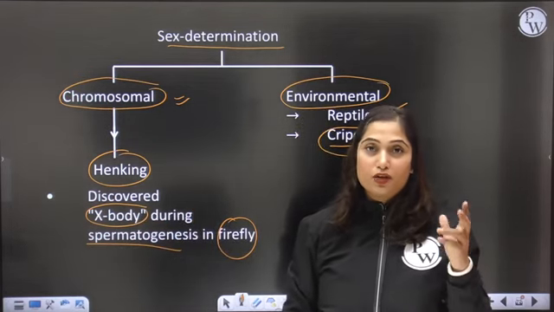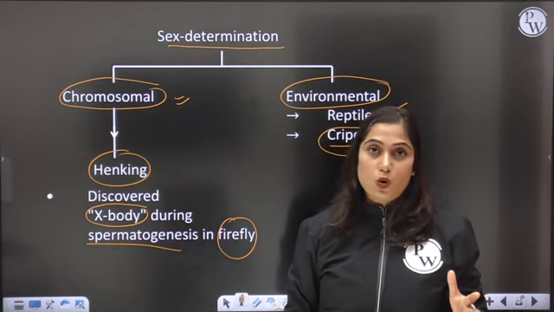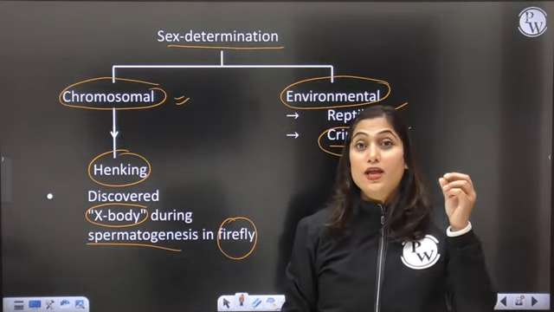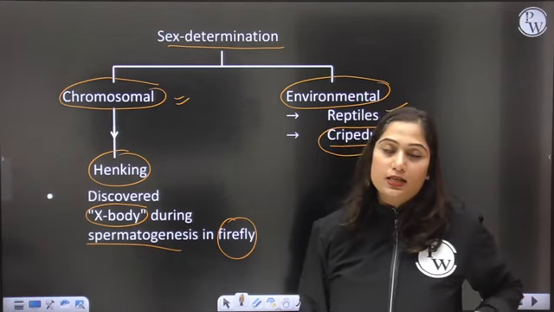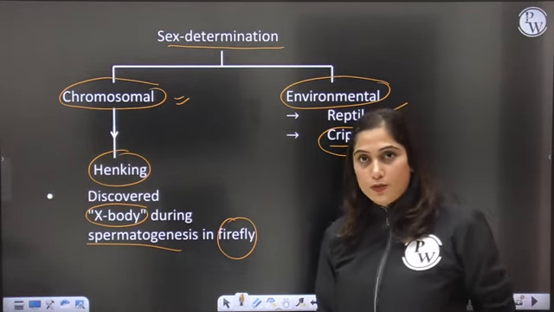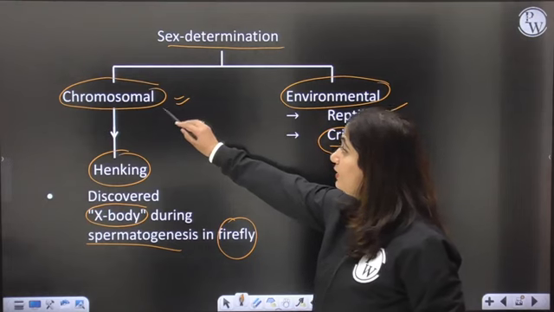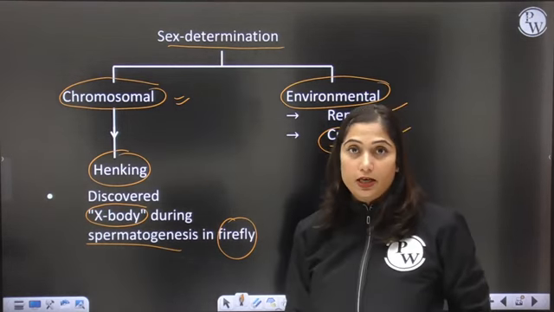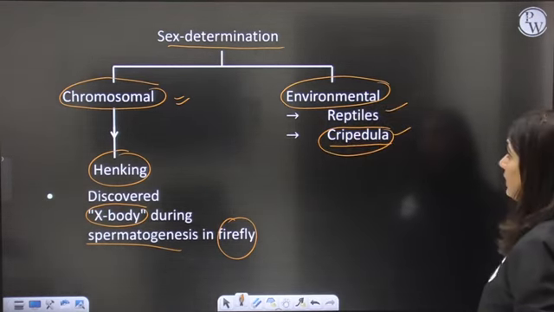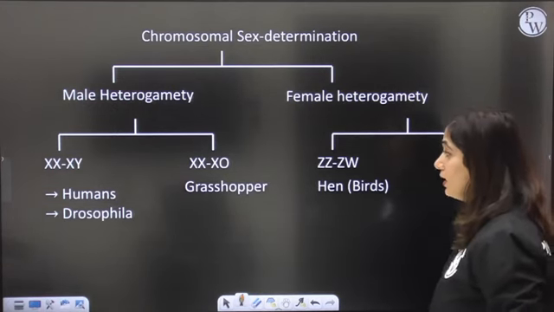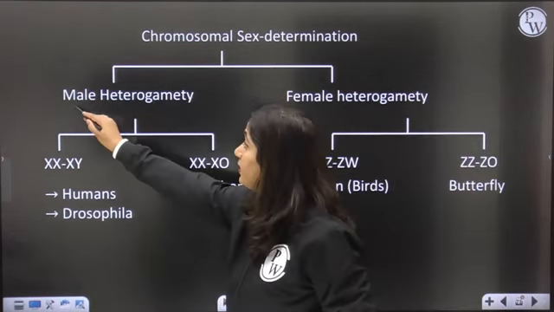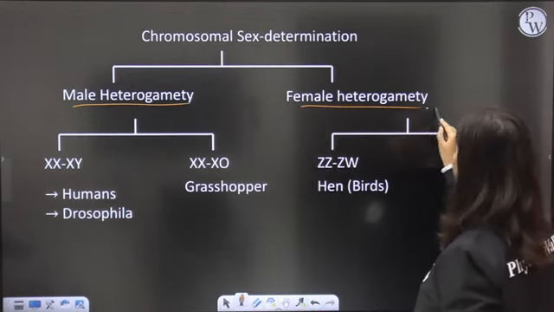He found that in 50% of the sperms of the firefly there were X bodies, and obviously they decide the sex of the progeny. So now we will discuss the chromosomal basis of sex determination. It can be of two types, male heterogamety and female heterogamety.